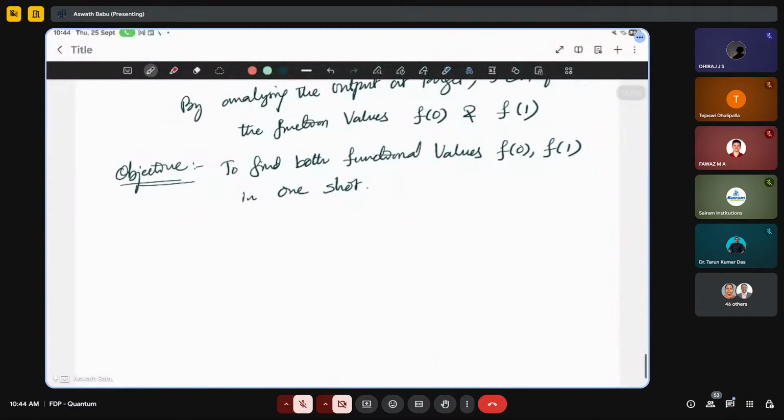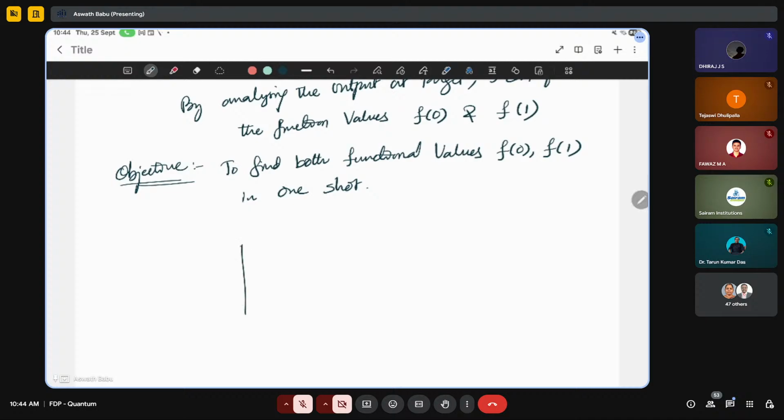How do I do that? I am going to do that by introducing a superposition state. Instead of sending a single state, I will be introducing a superposition state this time. How do I do it?